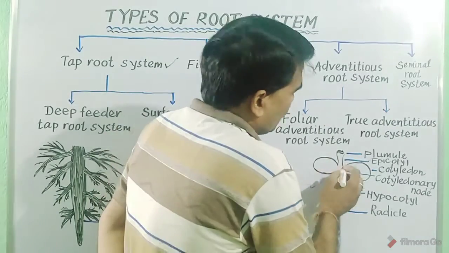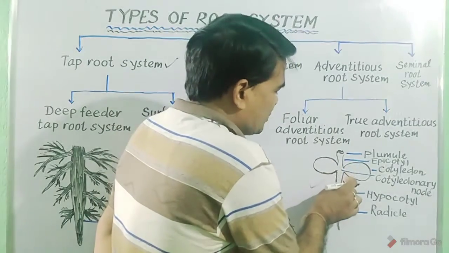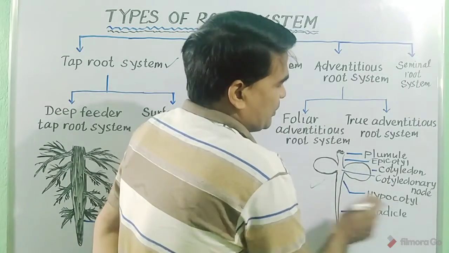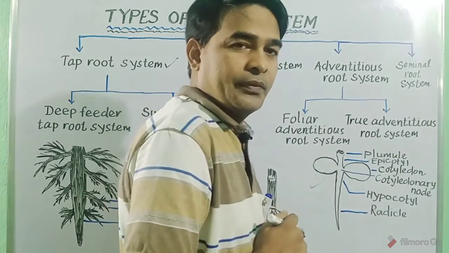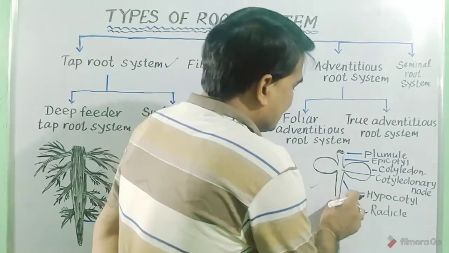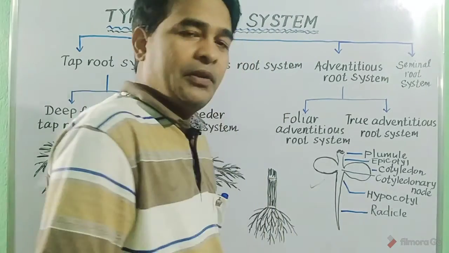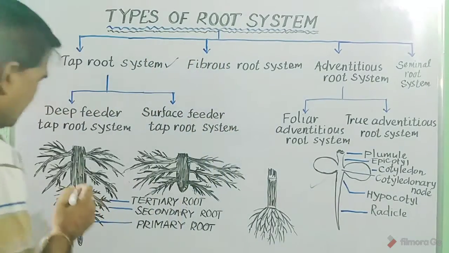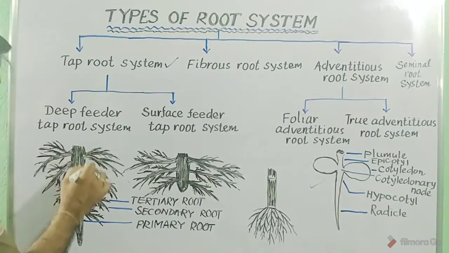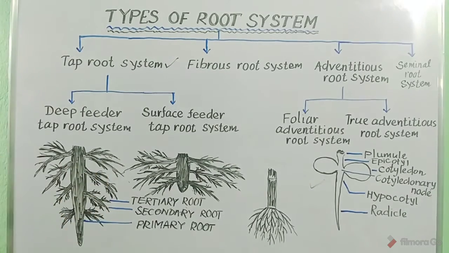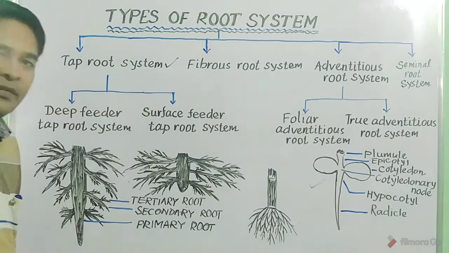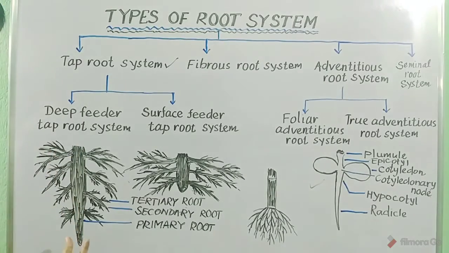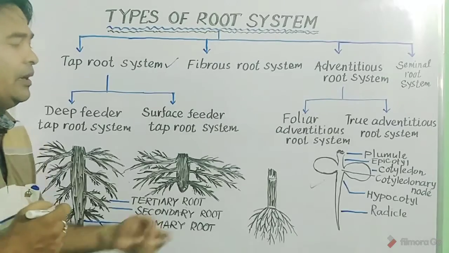Below this node, hypocotyl is present, and below hypocotyl, radicle is present. And this radicle develops into the primary root, by direct growth of the radicle.